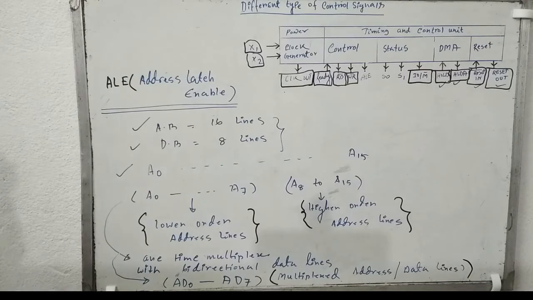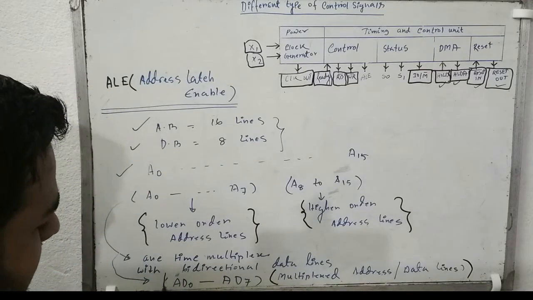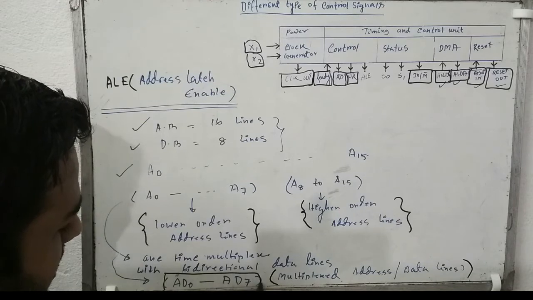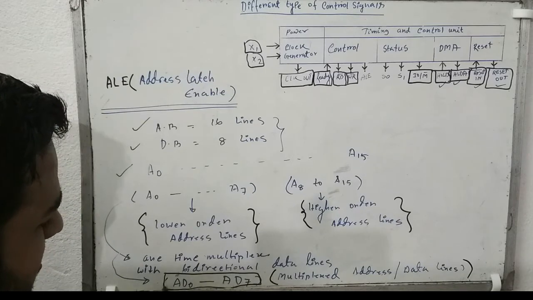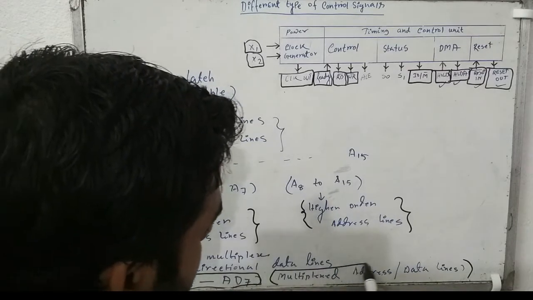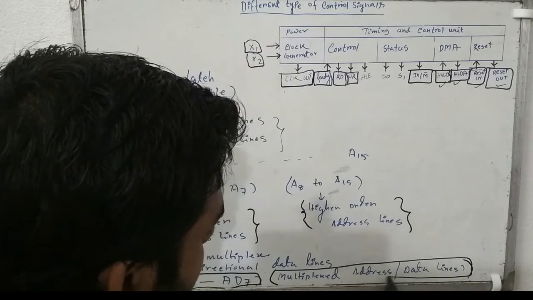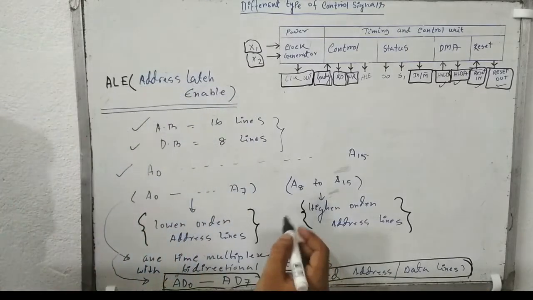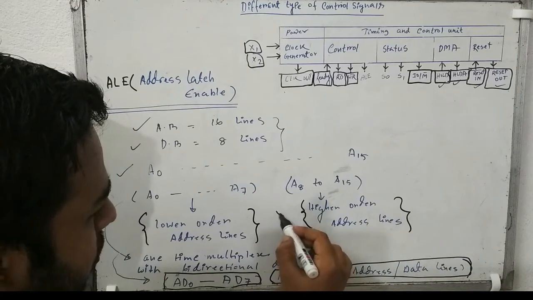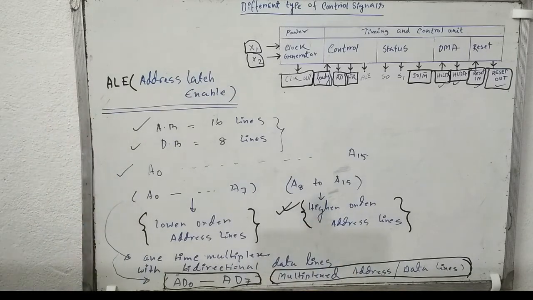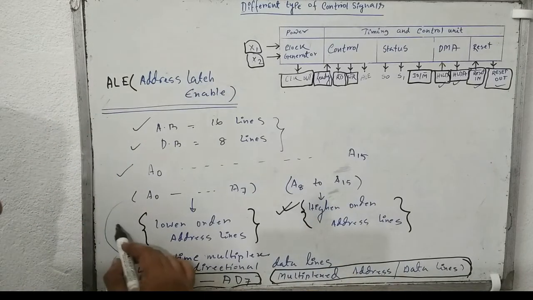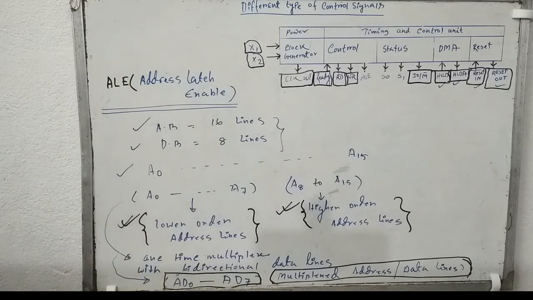It means that these 8 lines sometimes work as data lines and sometimes work as address lines. The higher order address lines always remain address lines, but the lower order lines sometimes work as data lines and sometimes as lower order address lines. That's why it is called multiplexed address data line.